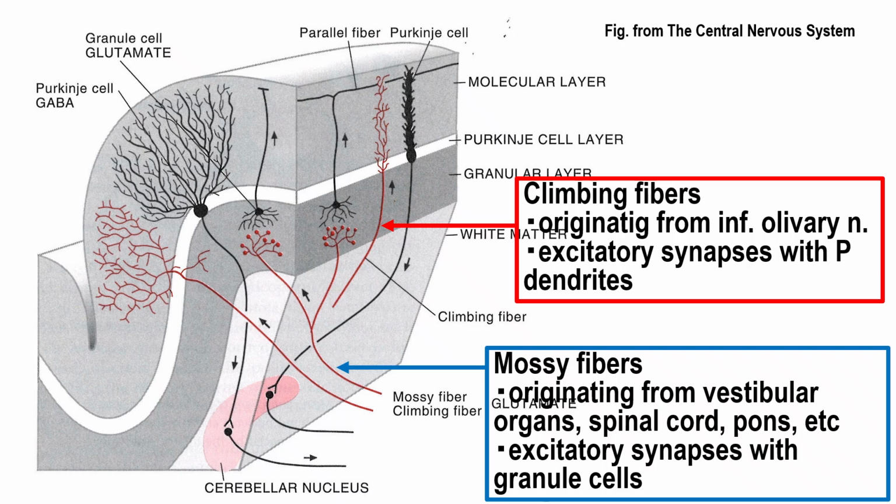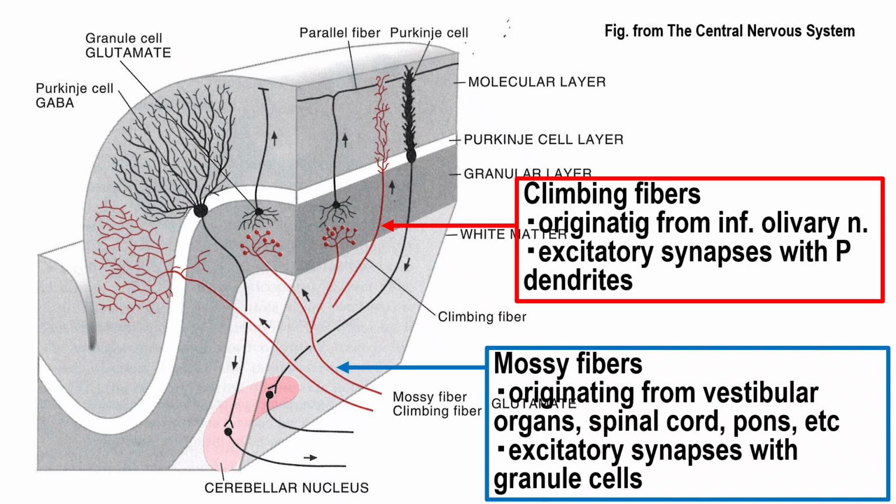Climbing fibers all originate in the inferior olivary nucleus of the medulla oblongata and directly form excitatory synapses with the proximal dendrites of Purkinje cells.